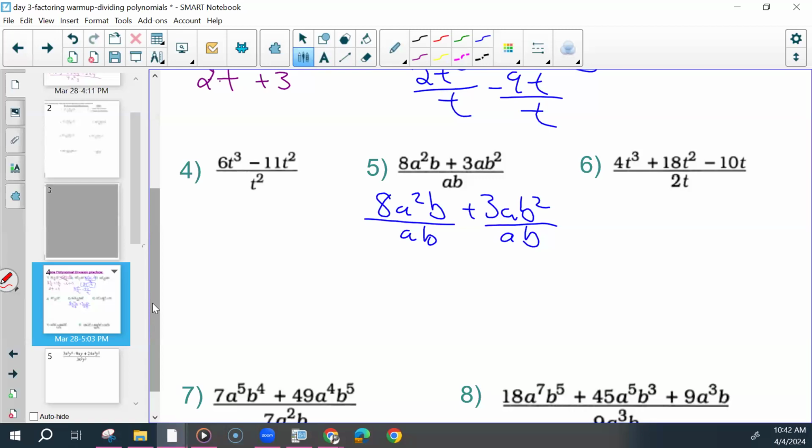Eight a squared b divided by ab. 8a, 3b. Just like that. Questions on that? Okay, we'll do some more of those when we get back from lunch.